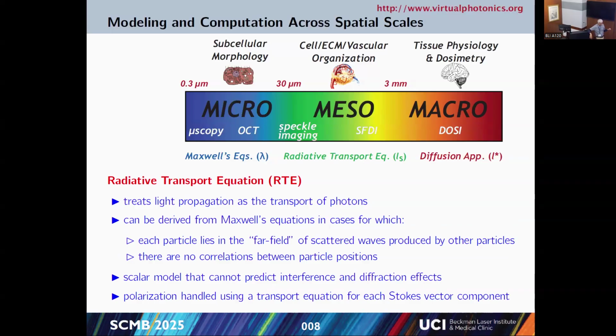The first thing is that in radiative transport, you have discrete particles that occupy your volume that are responsible for scattering the light. And you have to assume that each of these objects scattering the light are sufficiently distributed such that every scatterer lies in the far field of the other scatterers.